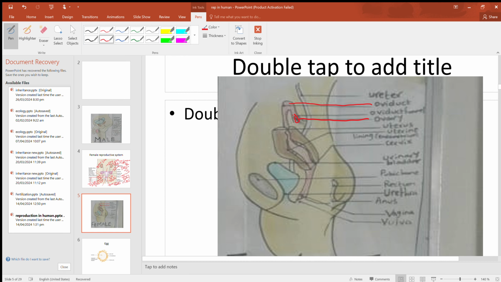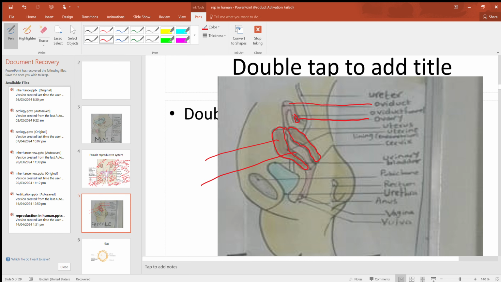What is the function of the oviduct? It is the site for fertilization. Then this whole structure is the uterus. This is the uterus wall, and internally it is known as the uterine lining, where the implantation of the embryo occurs.